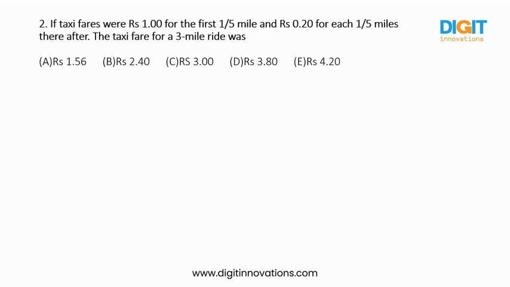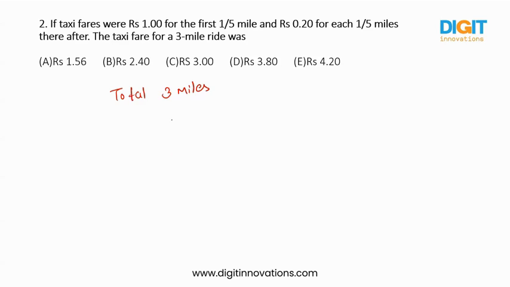So the total is 3 miles. I know the starting 1/5 mile is 1 rupee and all remaining 1/5 miles are 0.20. So if I find the total number of 1/5 miles in these 3 miles, it would be easy for me to add the cost.